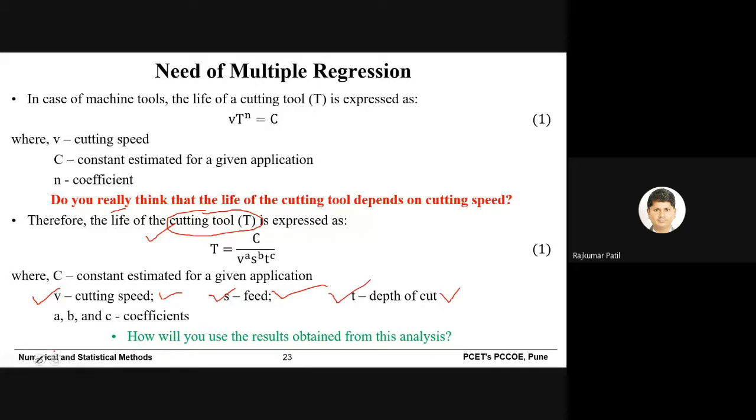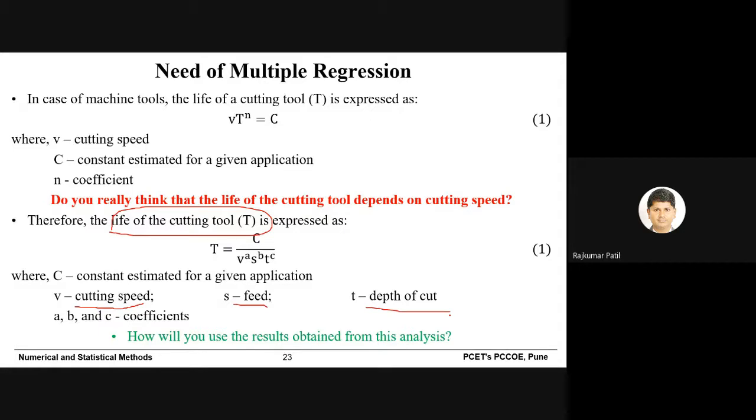Third thing is that if you know the life of the cutting tool, then appropriately you can decide a range of cutting speed, a range of cutting feed, and a range of depth of cut. So on both sides you can make use of such equations.